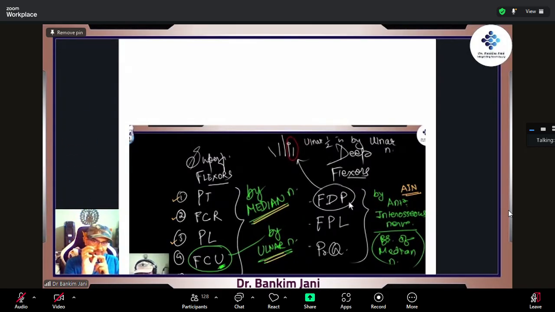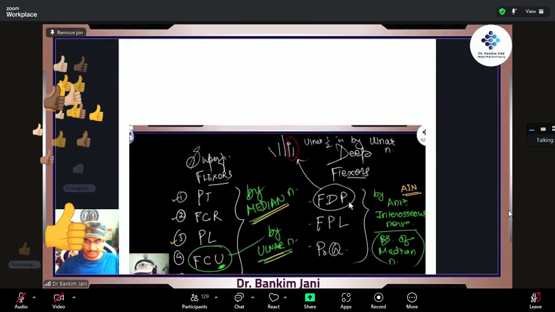You got the difference between both of them? Flexor digitorum superficialis is this. Flexor digitorum profundus is this. This means your DIP, distal interphalangeal joint, is handled by flexor digitorum profundus. Just keep this much in mind. The moment I put the figure, you'll know. So here it is.